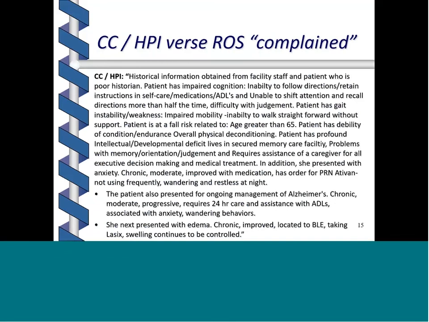So the chief complaint, history of present illness versus review of systems as complained. I put these examples in there the last time when we had done them. But as you're transitioning to the new EMR templates that we're using, this probably is not an issue anymore, so I might just spend a minute.